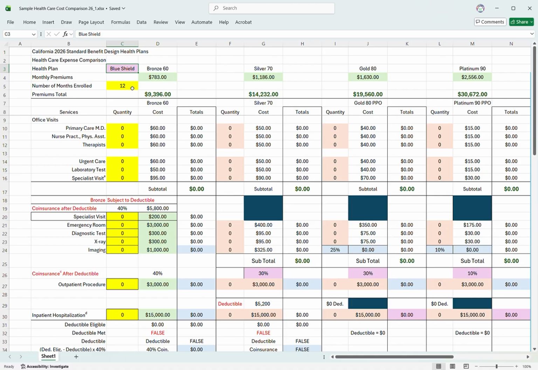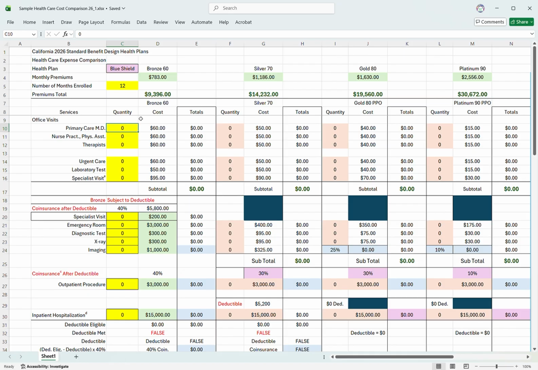You can put in the number of months that you'll be enrolled, 12 for a full year. Maybe it's going to be a partial year, so maybe you put in 6, and then the number of months times the monthly premium will give you your total premiums, and then that will also move down to the bottom of the worksheet. Then we get to different sections that are similar across all of the different health plans.